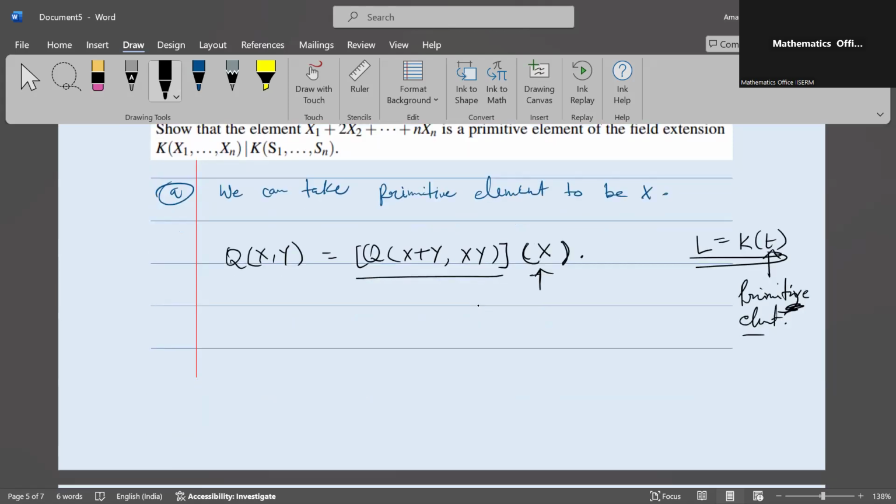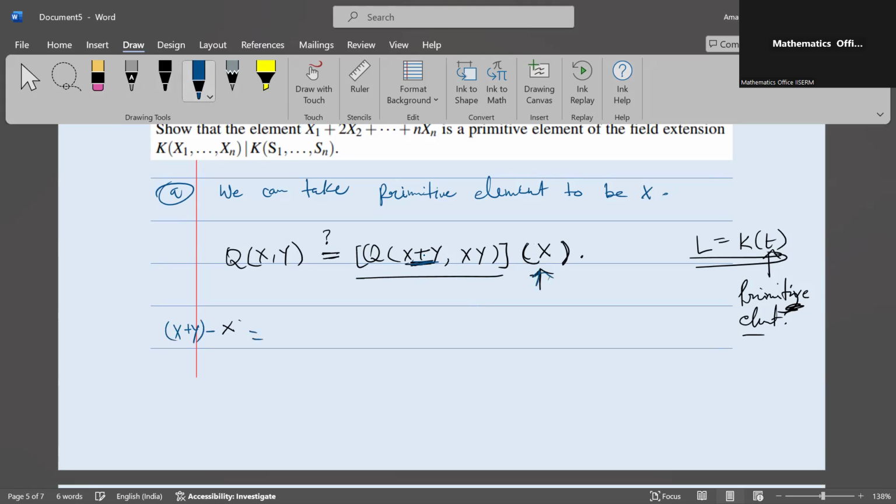That is clear because x already belongs here. We just saw y belongs here. Why does y belong here? x belongs here, and x plus y also belongs here. x plus y is constant because x we are attaching to it.